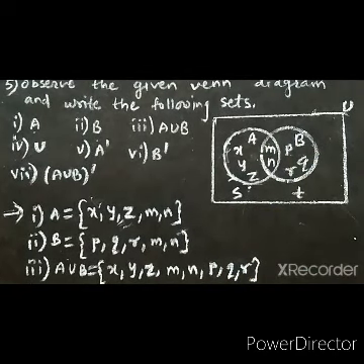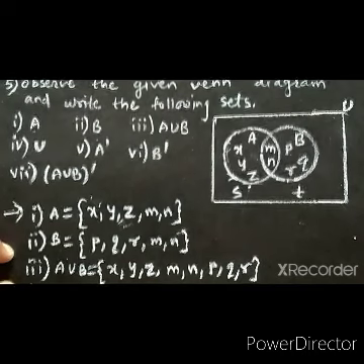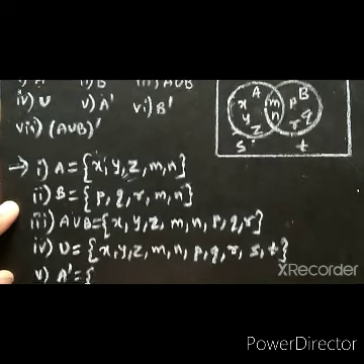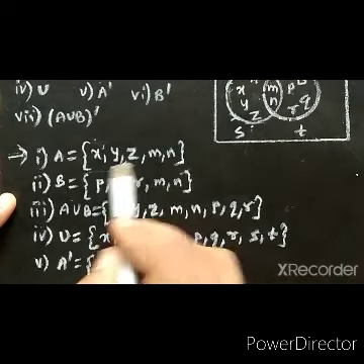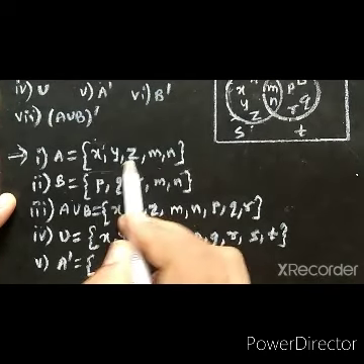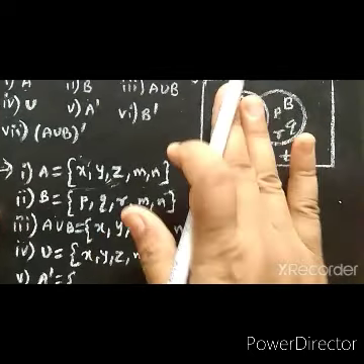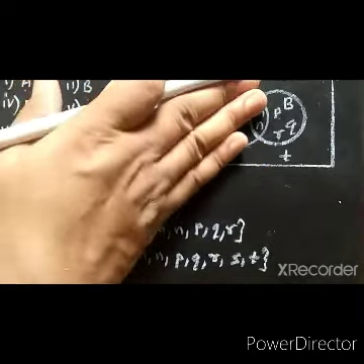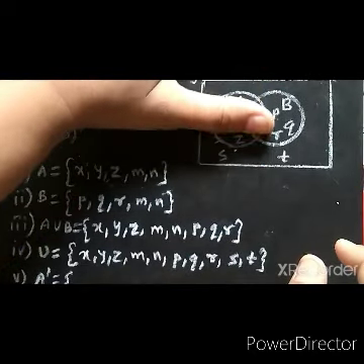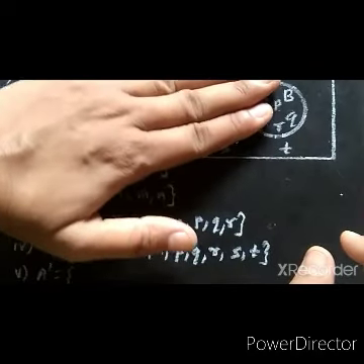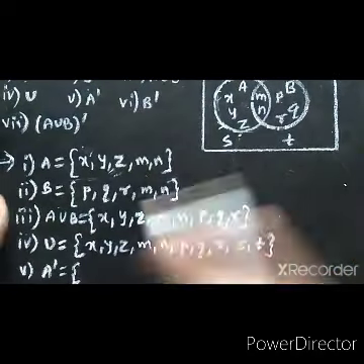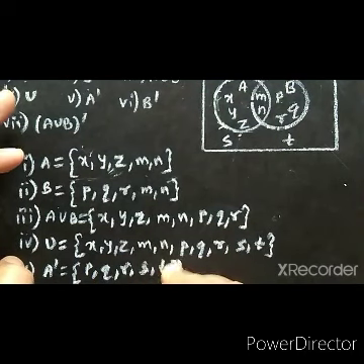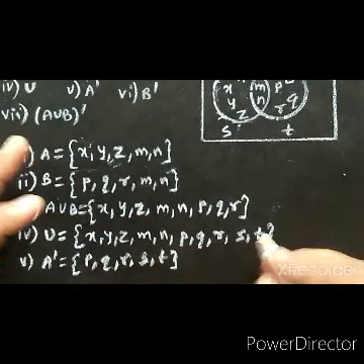Next, number 5, complement of A. Complement of A means except these elements, so we take the elements p, q, r, s, t, cancelling the elements of A. So p, q, r, s, t are the elements of complement of A.